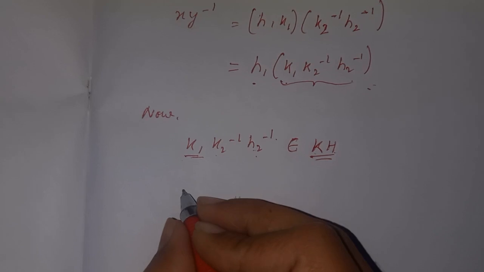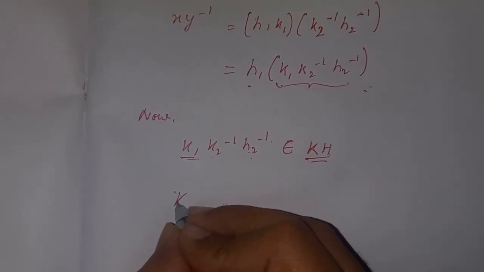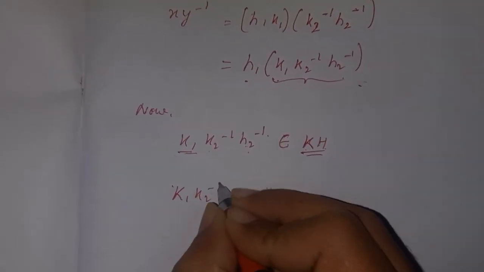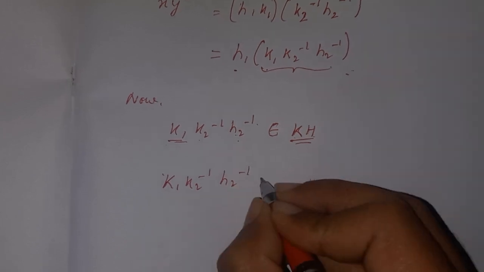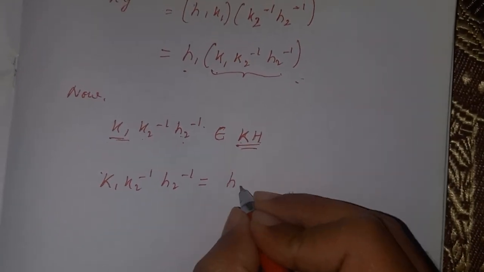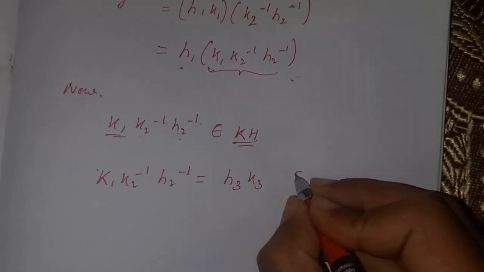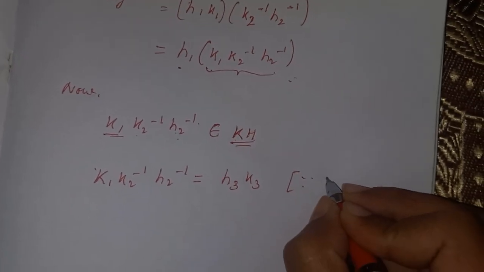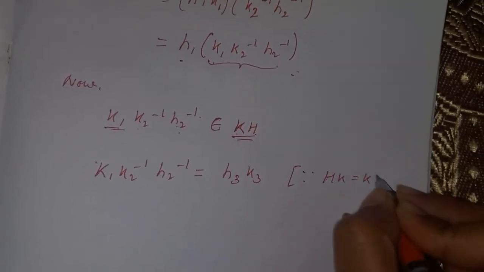So we can also write it as k1 k2 inverse h2 inverse equal to h3 k3, since HK is equal to KH.